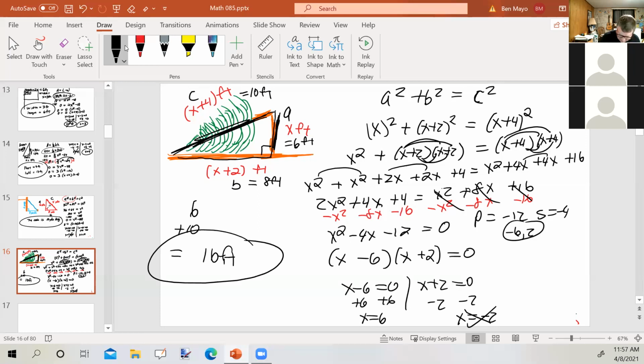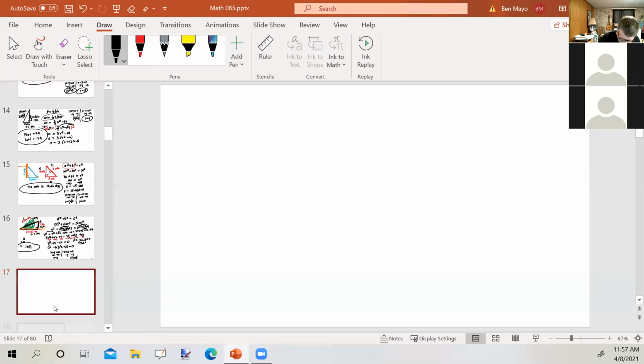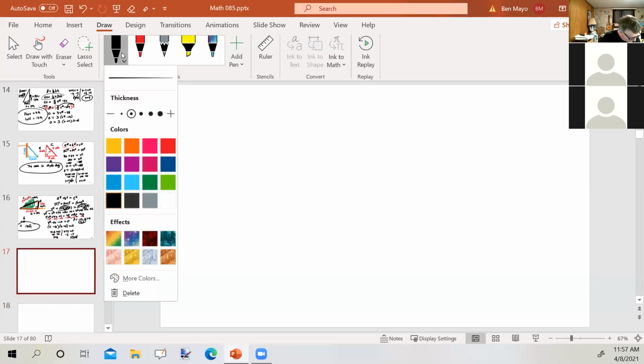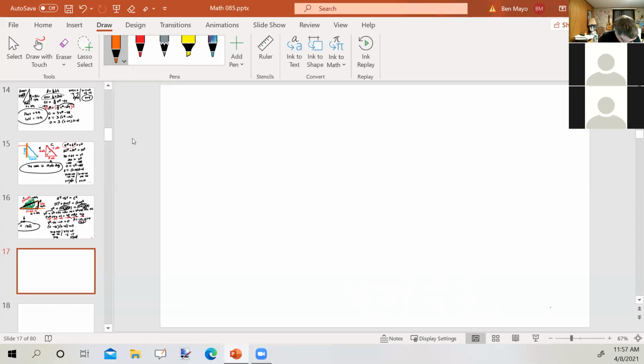Let's see here. This says, find x, the height of a landing ramp. So we have a skateboarding ramp, and let's see what that looks like. So we've got this picture here, and then here's the landing ramp.